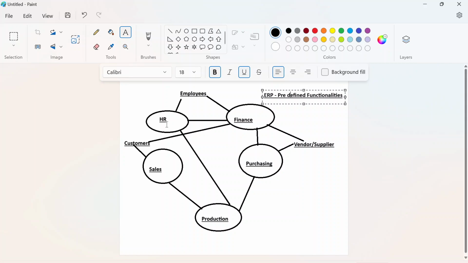So you can use only one product, that is SAP ERP, and you can run all the departments' business processes in SAP ERP. Okay? So it will be a single point of truth for the data. To get data of any department, you can get that from SAP ERP. Okay? So any questions on this?